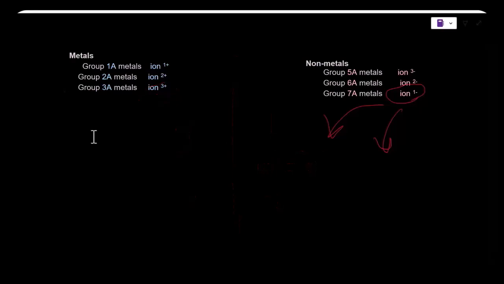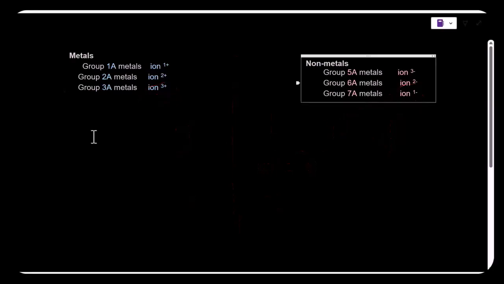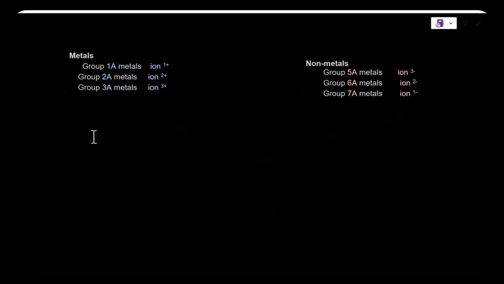A quick and dirty way of doing this when writing ionic formulas is the crisscross method. So for example, if we had barium, which has a positive charge of 2, and iodide, which has a -1 charge, we would just crisscross these like this and rewrite the compound like this.